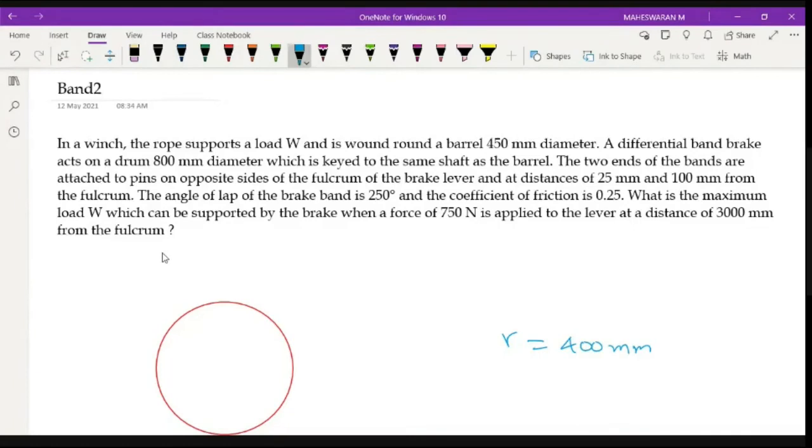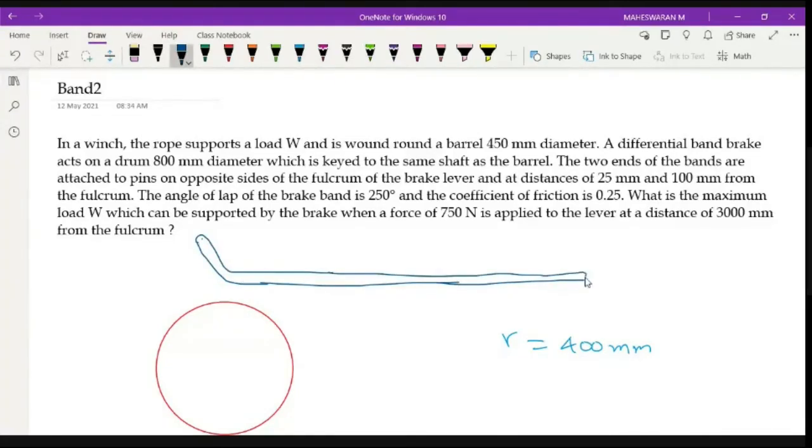So I will draw this brake. It will be like this. Let me consider your brake is like this. This is my force P. This is my hinge point O, and this one is A and the other one is B, as I told you.